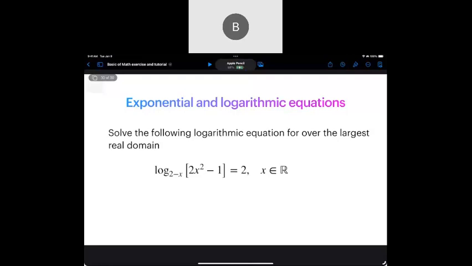We need to think what is the possible domain of this equation.